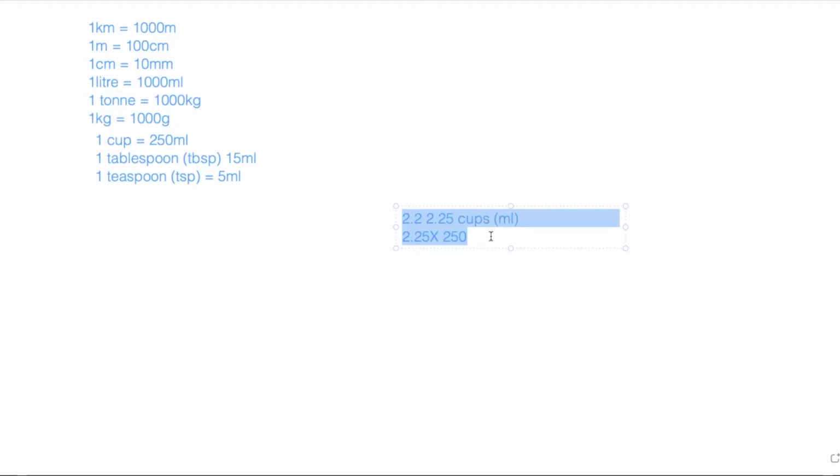And okay, let's do the teaspoons. It says 3 teaspoons in milliliters. And 1 teaspoon is 5 milliliters. So you go 5 times 3, which is 15 milliliters.